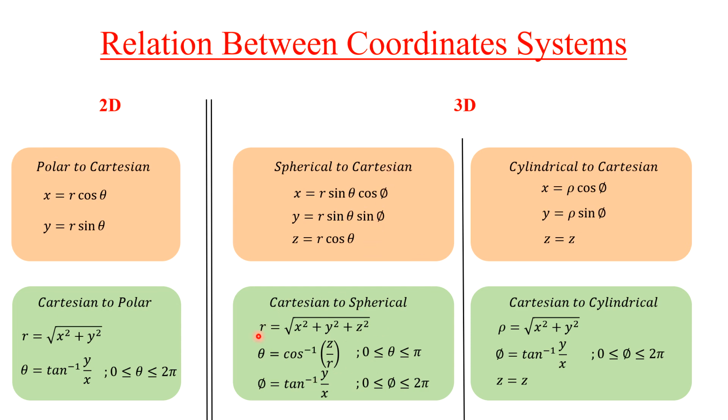Here we can get spherical polar coordinates from Cartesian coordinates. Here we will get Cartesian coordinates from cylindrical coordinates, and this will give us cylindrical coordinates from Cartesian coordinates. Thank you.